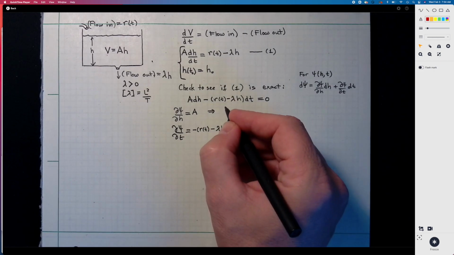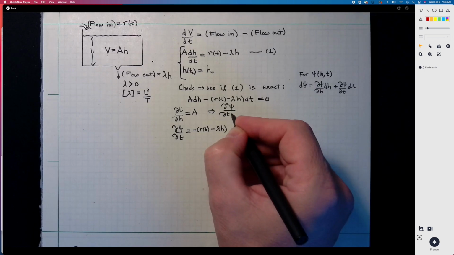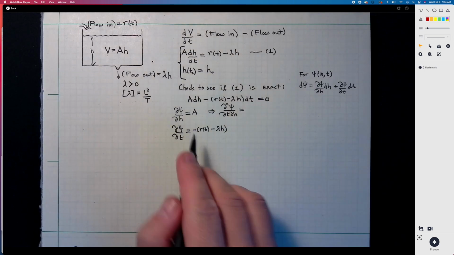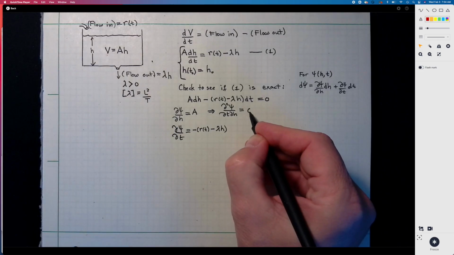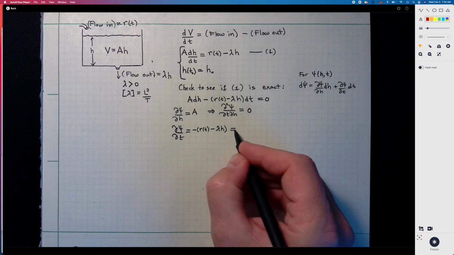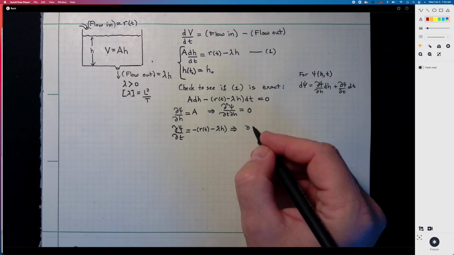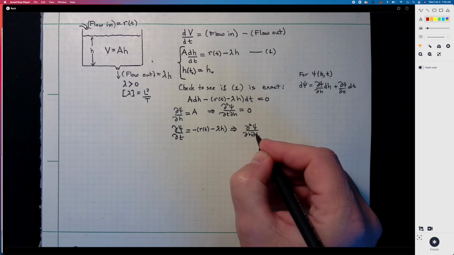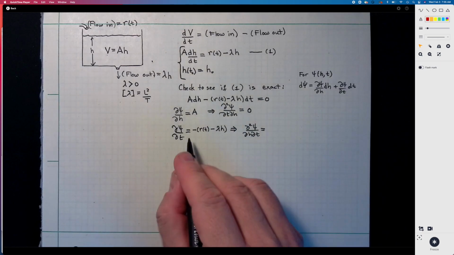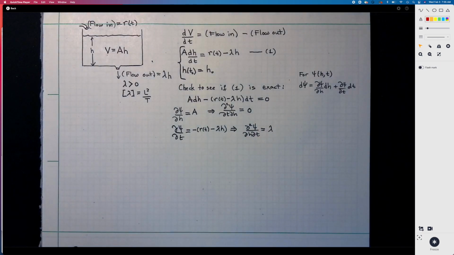So the second derivative, the partial derivative of this with respect to t is just 0 because A is a constant. And on this side, if I take the partial with respect to h, what do I get? I just get lambda.